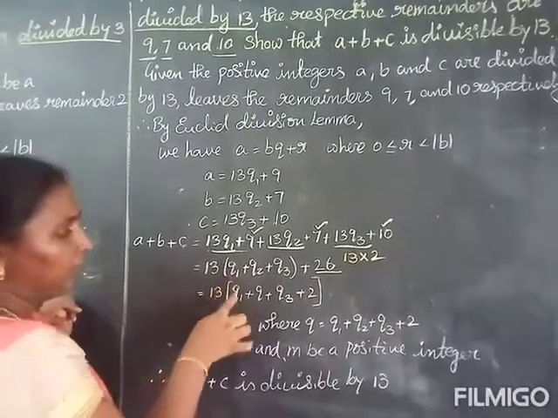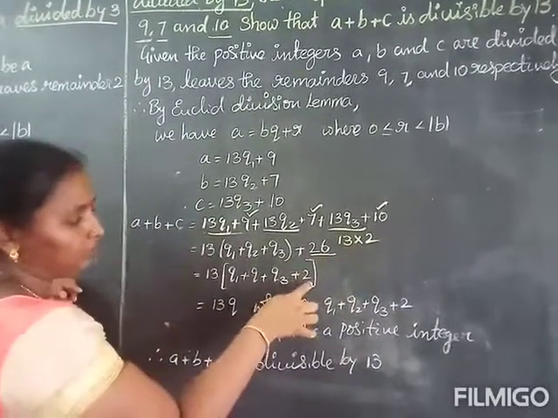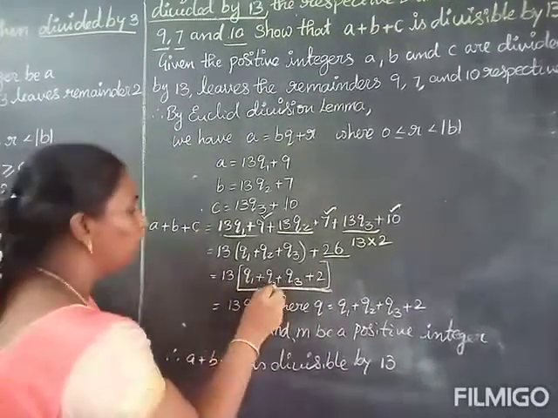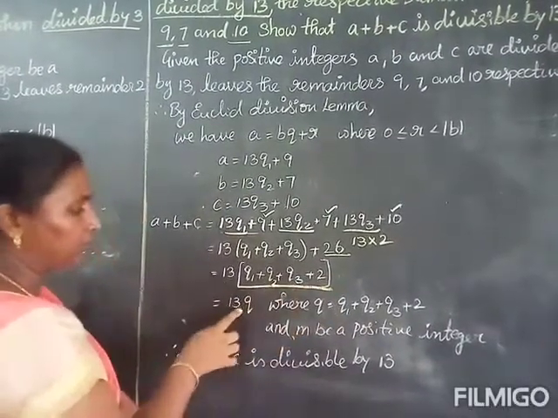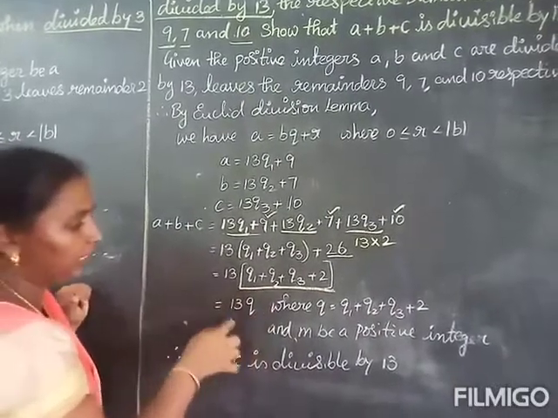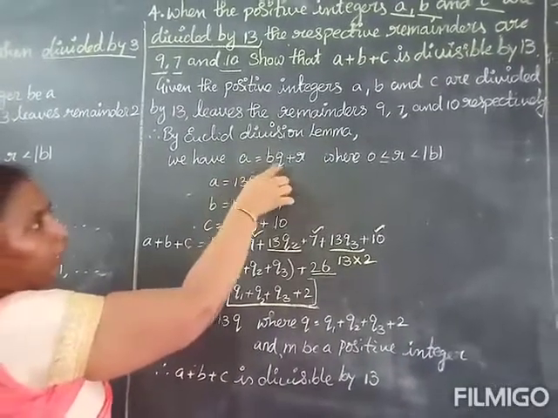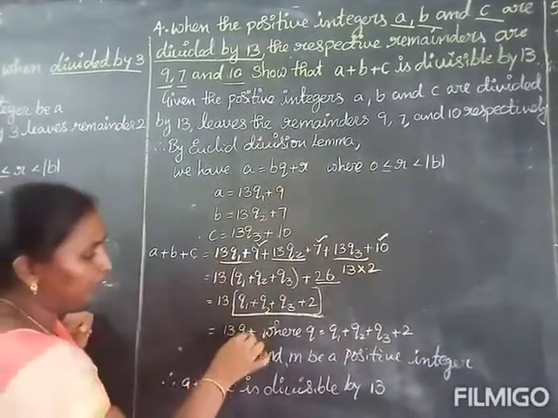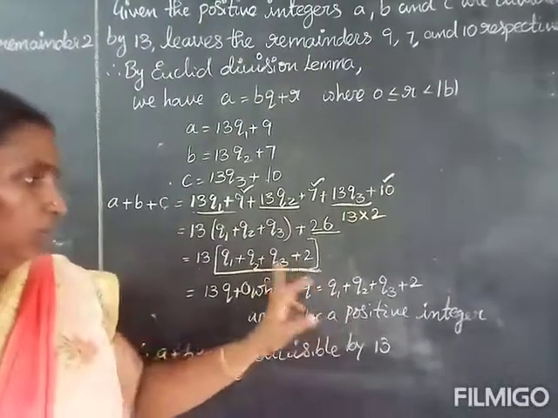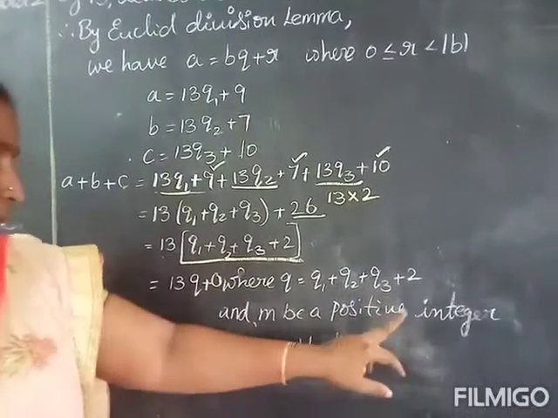So what will you get? 13(q1 + q2 + q3 + 2). Now I am assuming q1 + q2 + q3 + 2 as q. So we will get 13q. Here there is no remainder, isn't it? In the form a = bq + r, here the remainder is 0.